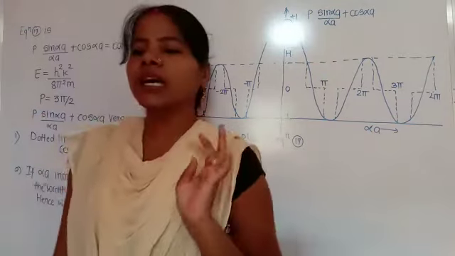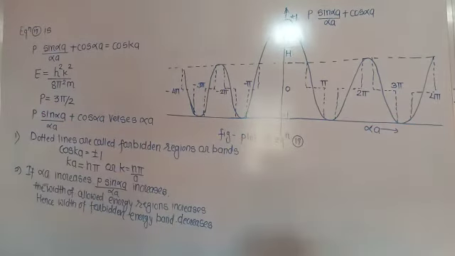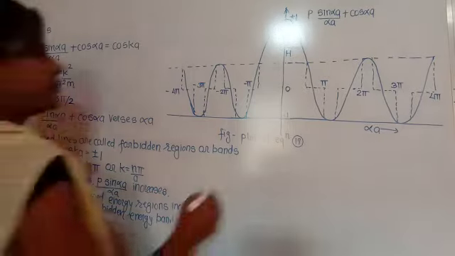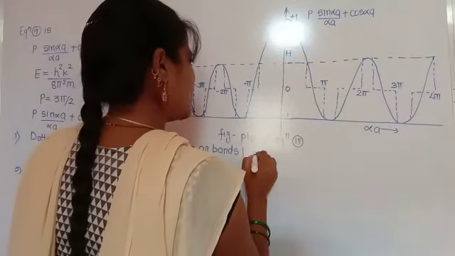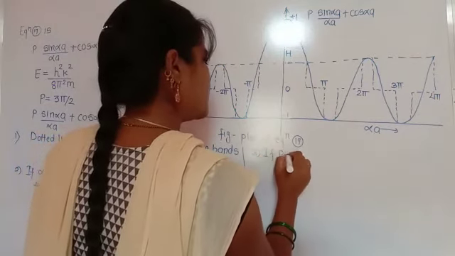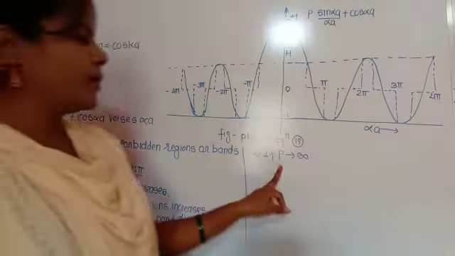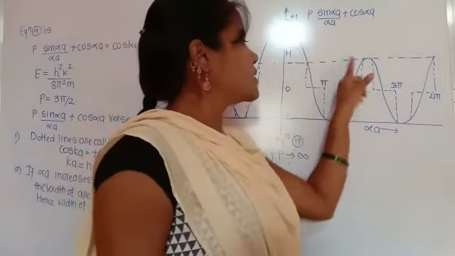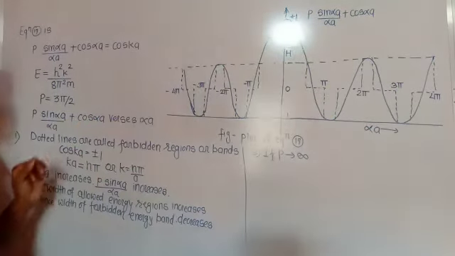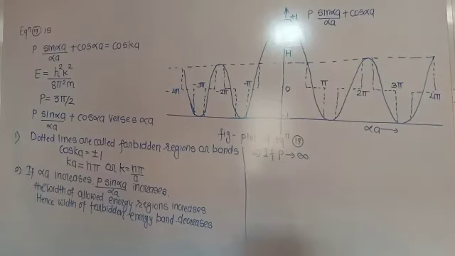Okay, then the third conclusion: the width of allowed energy bands decreases with the increasing value of P, and when P tends to infinity, the allowed energy bands become infinitely narrow.